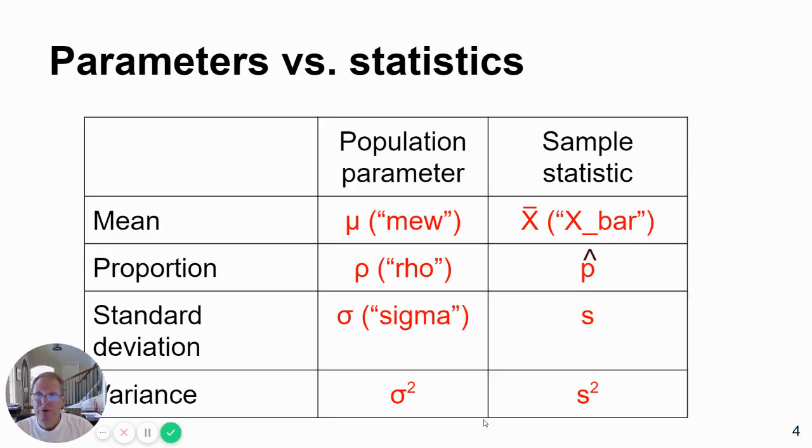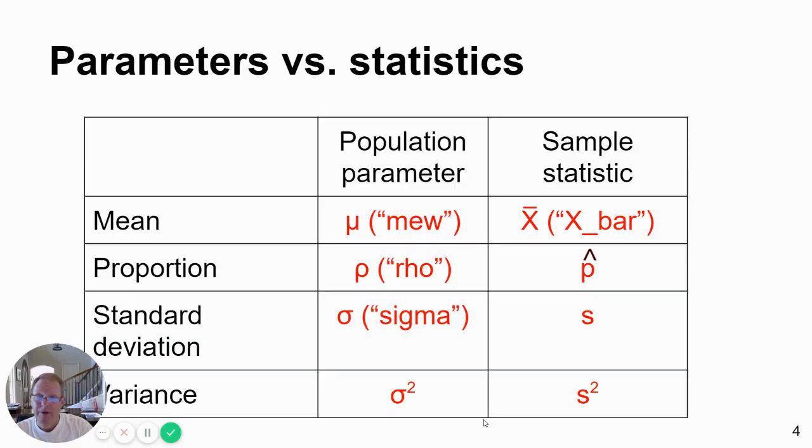It is important for you to know the notation here, and in this table, I'm going to talk about the population notation and the sample notation. If it's a mean, the mean for a population is mu, and the mean for a sample is x bar. Now, we're going to use mu and x bar when we're talking about quantitative data. If we're talking about categorical data, then we're going to be analyzing frequencies.